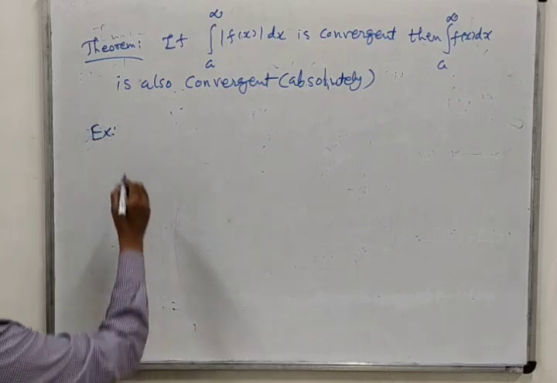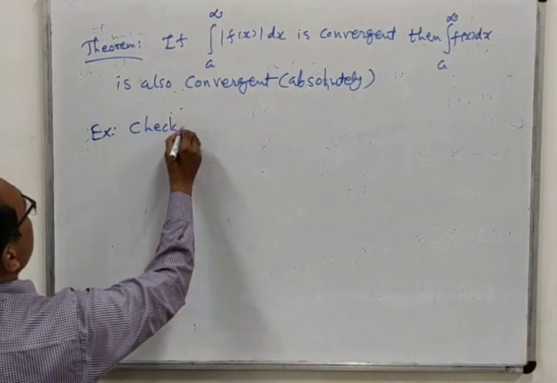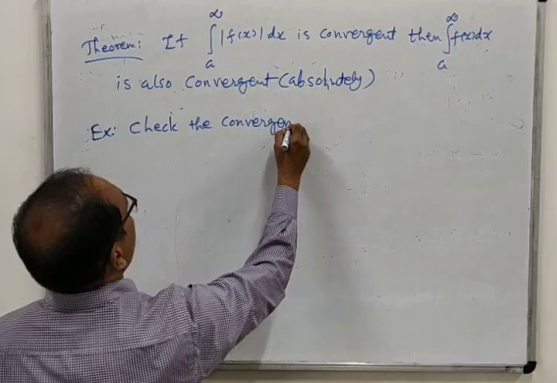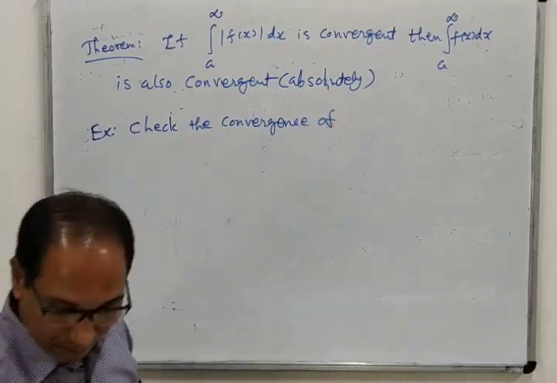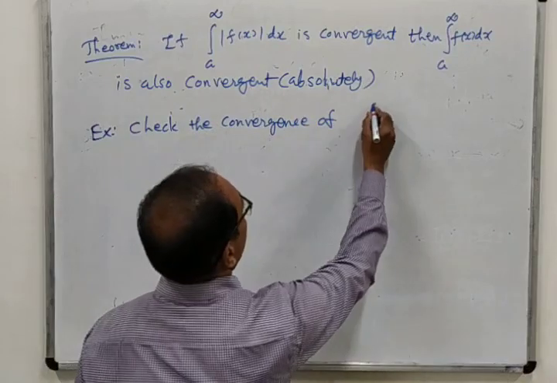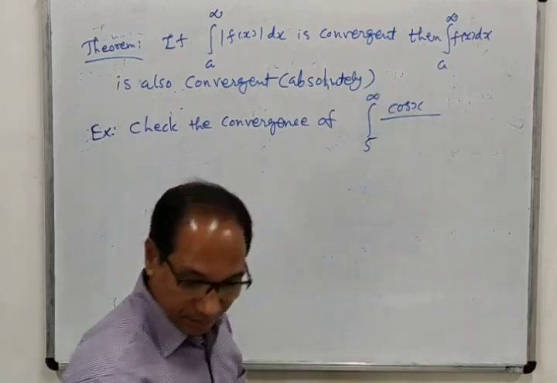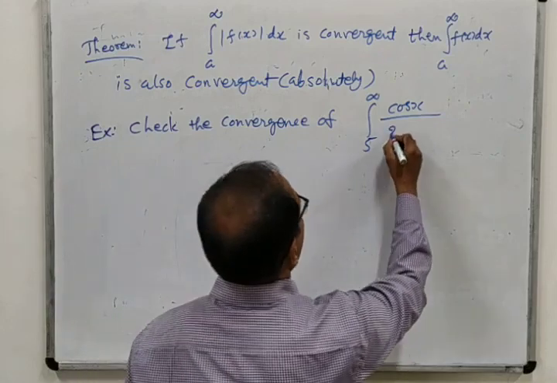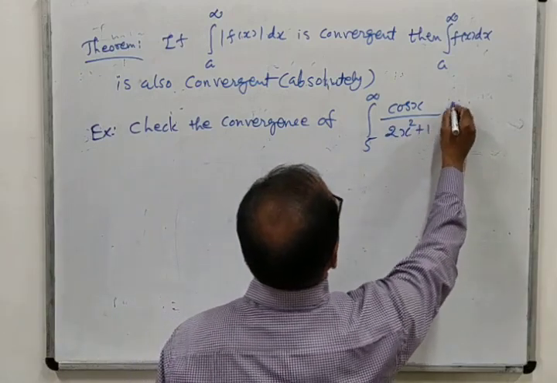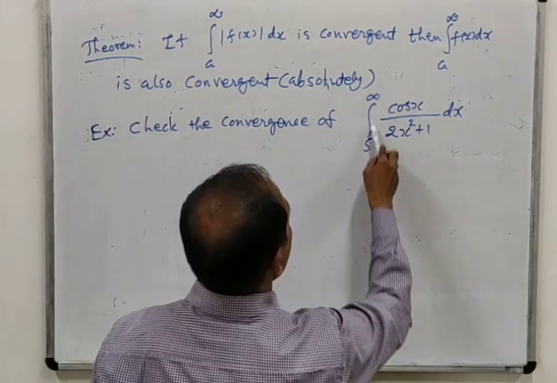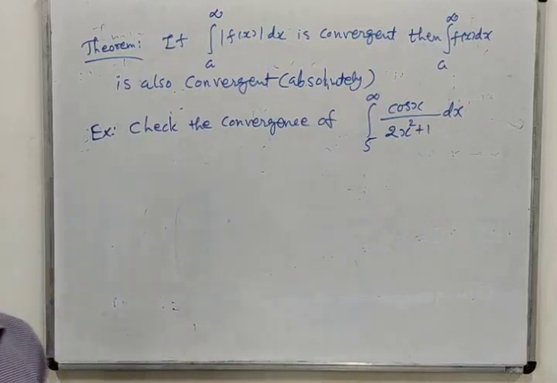We will check the convergence of integration 5 to infinity cos x upon 2x square plus 1 dx. So now see here in this problem we can see that the integration of this is very difficult and not possible easily.